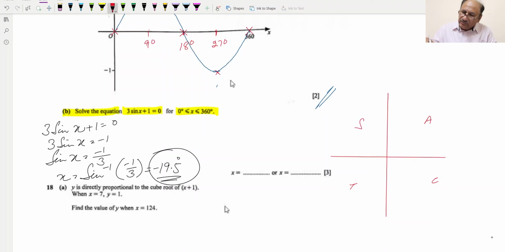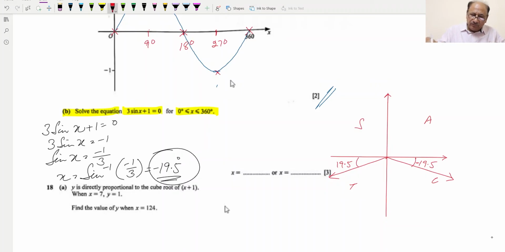So sine is negative in this quadrant and in this quadrant, so we will be drawing minus 19.5 like this, the angle will be negative, and the other angle which will be negative will be like this one. So these two angles will be negative. This one we can take as minus 19.5, and this angle will be 19.5.